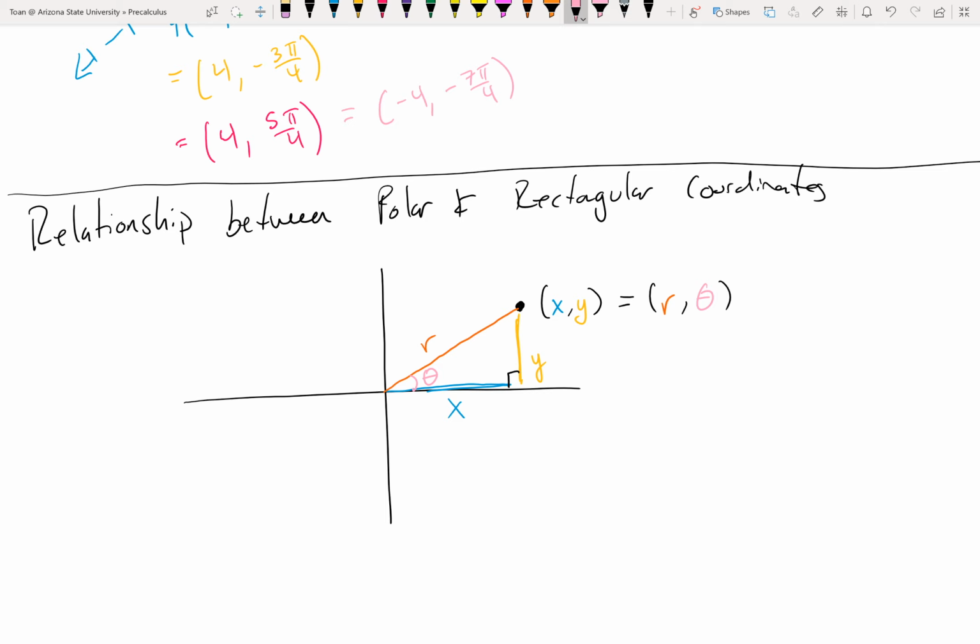We created a right triangle, and hopefully you guys know that we have theorems, equations and formulas that connect these two systems. There are formulas that connect the rectangular x and y with the polar r and theta. And that's what trig is for. That's what SOHCAHTOA is for.